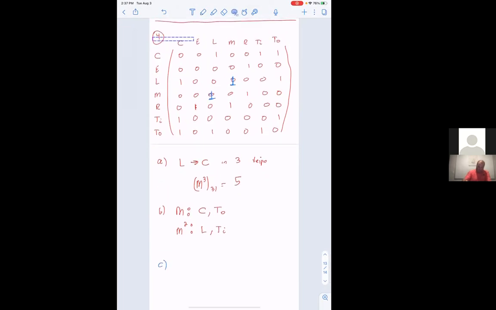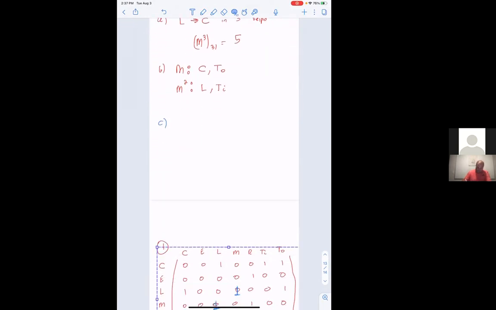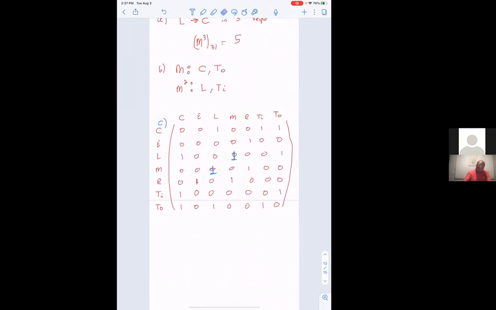Okay, so I'm going to duplicate this, and then clean up a little bit. So those become 1s. Okay, that's the new adjacency matrix.